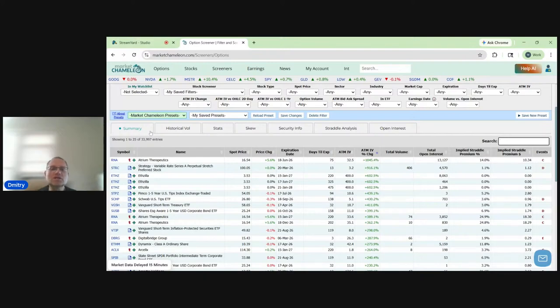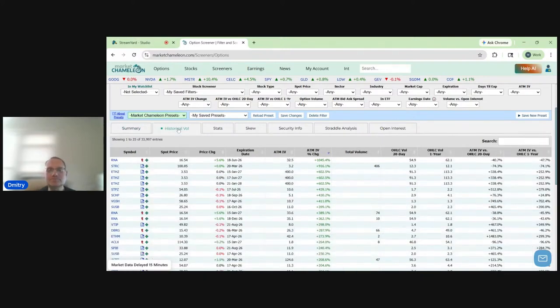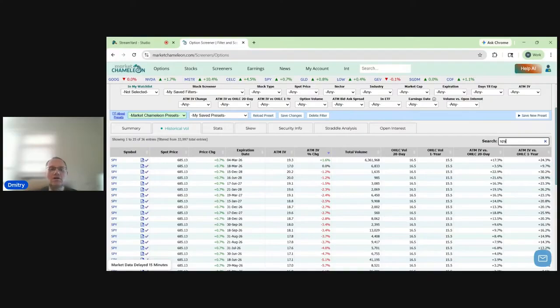So we're going to switch our tab here, and we're going to go to historical vol. And here, to make it easier, let's put in SPY. So here, if you go from left to right, you see SPY. This was yesterday's expiration expired, but let's go to this one, March 18th, and we see that the at-the-money implied volatility is 17.